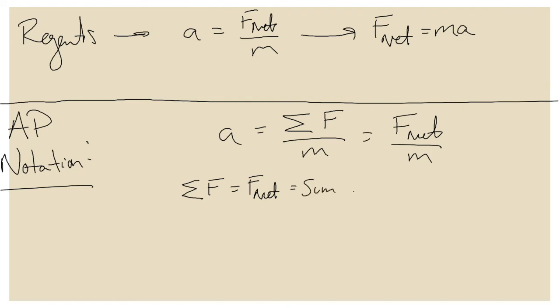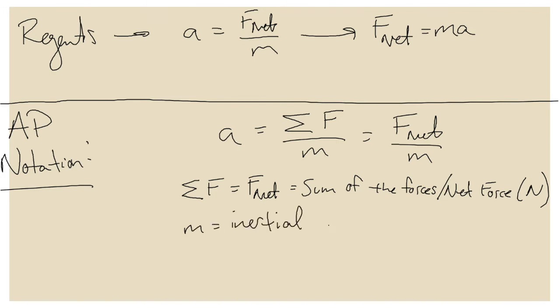And so I'm going to write here sigma F, which is equal to F net, is the sum of the forces slash the net force. And that, of course, is measured in newtons, as I'm sure you remember. M in this equation, as we alluded to before, is the inertial mass, which, if you refer to it as mass, that's totally fine.